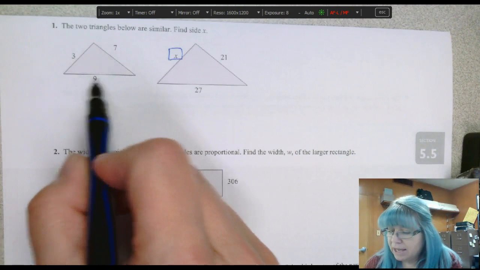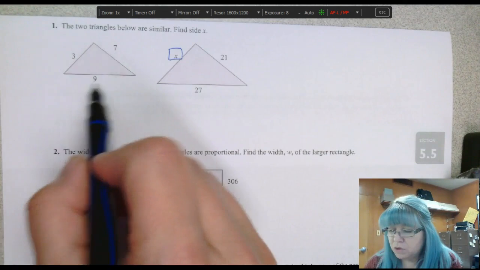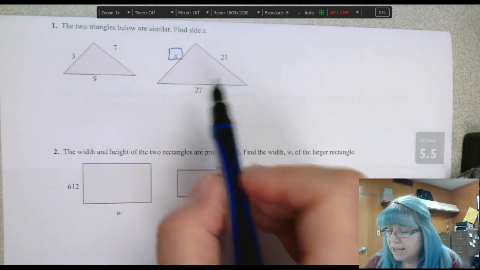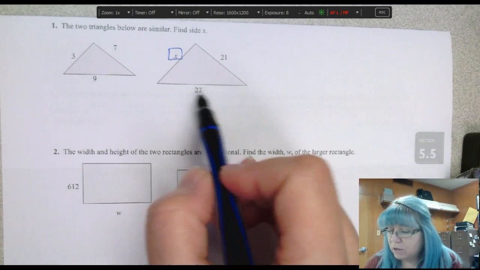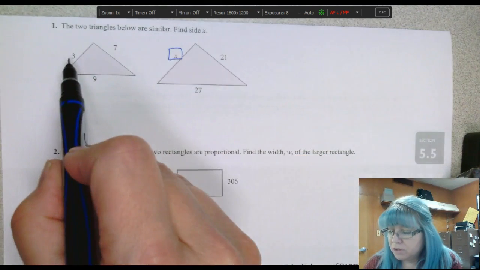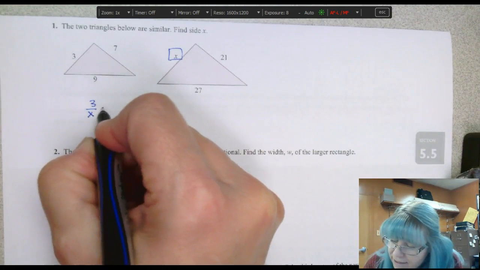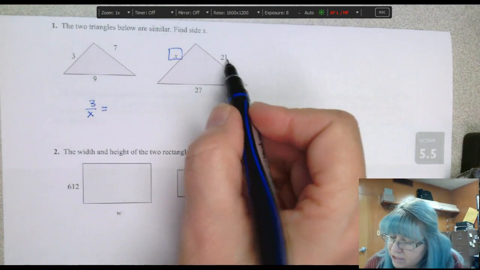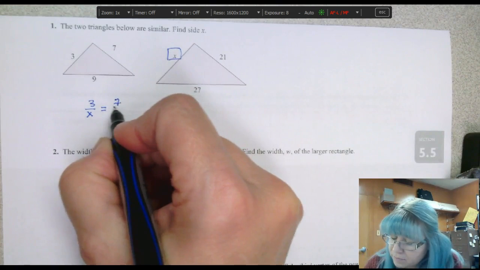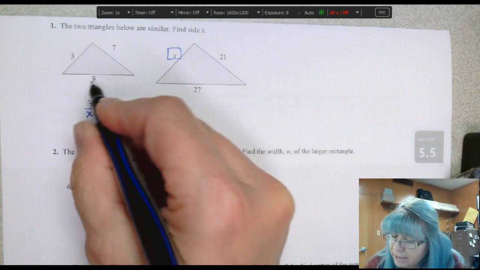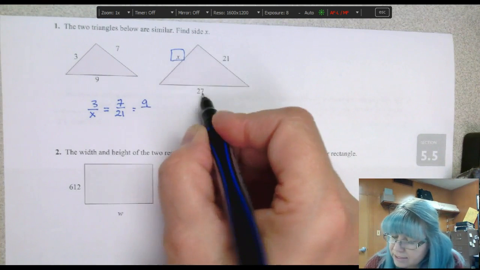Right? So I'm going to go ahead and put the leftmost triangle as my numerators and my right triangle as my denominators. So 3 is to x, 3 is to x, that will equal 7 is to 21, and 9 is to 27.